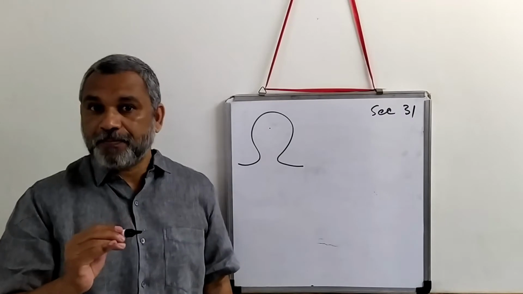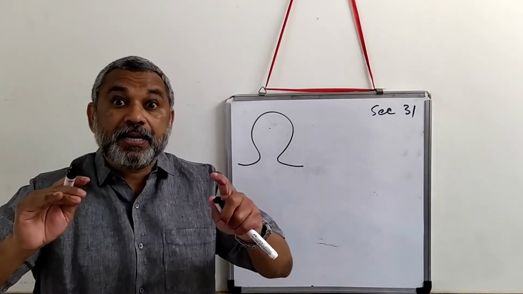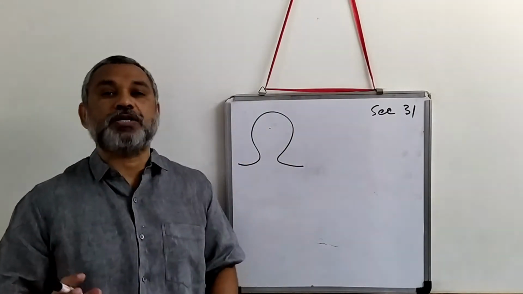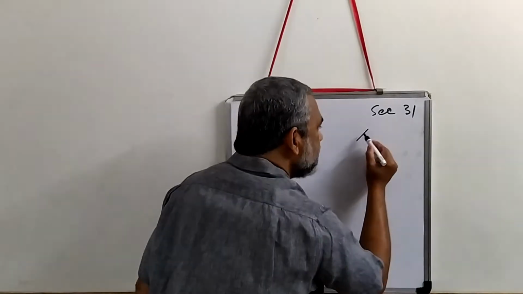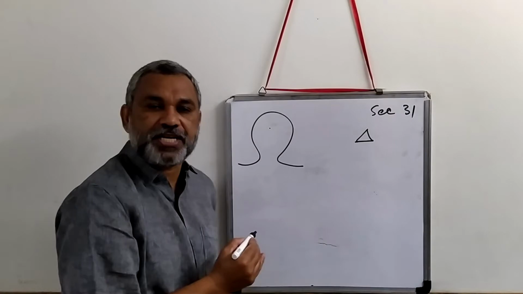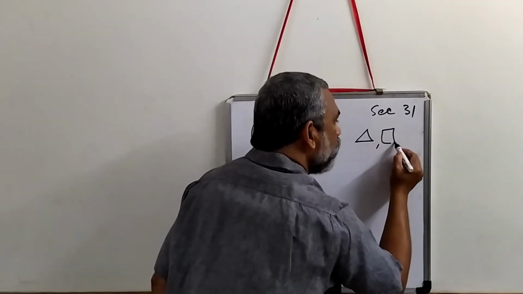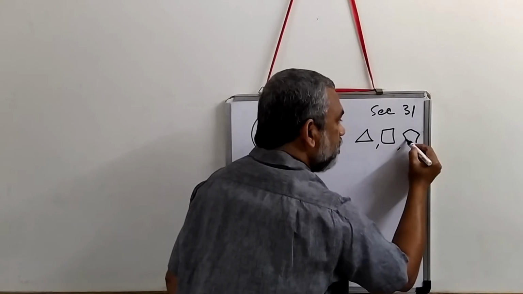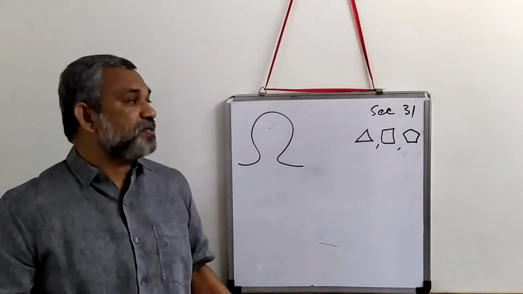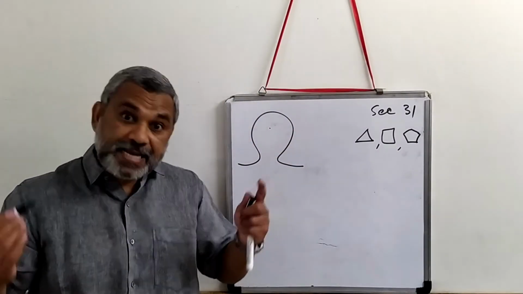The Sec outer coat normally takes 3 shapes: one is a triangular shape, it can also have a squarish shape, and it can also have a pentagonal shape. So these are the 3 shapes the outer coat takes.